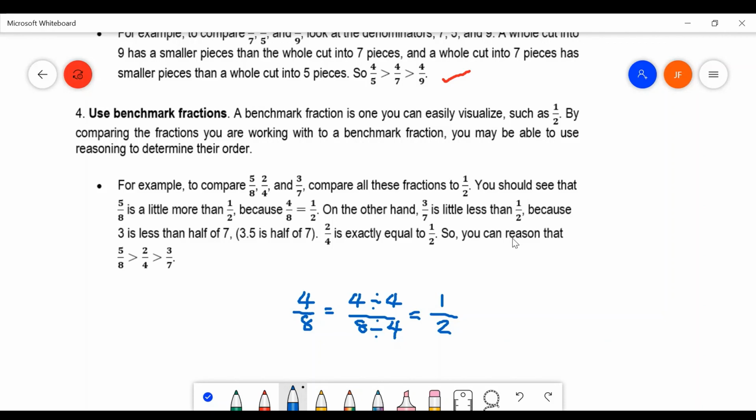So you can reason that 5/8 is greater than 2/4, greater than 3/7. Okay, I hope that sounds clear.